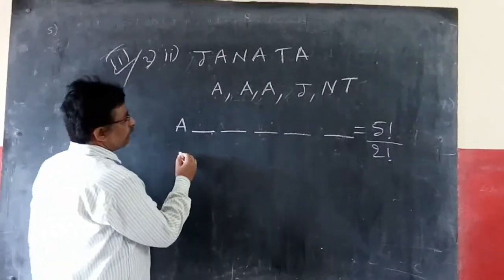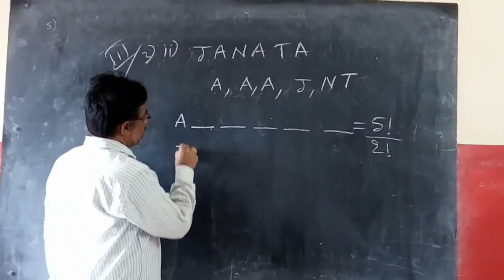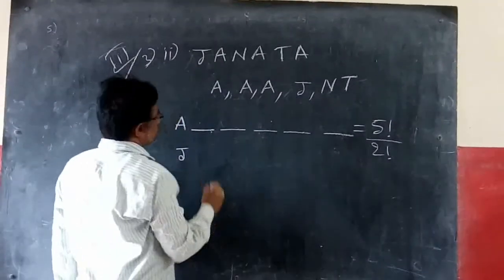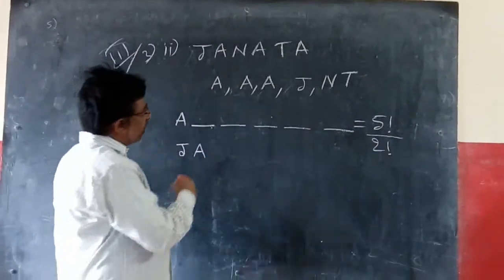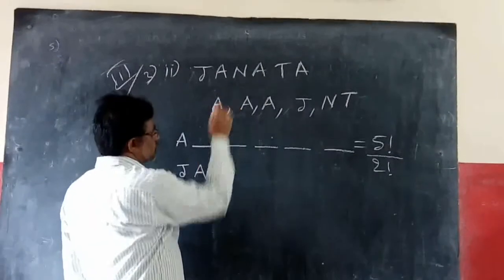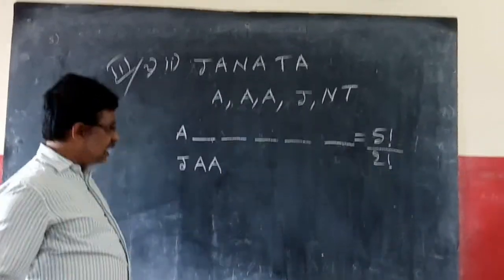Next, A is over, then the next letter is J. After J, A will come, but after A we need N. So how many words starting with J will be formed?